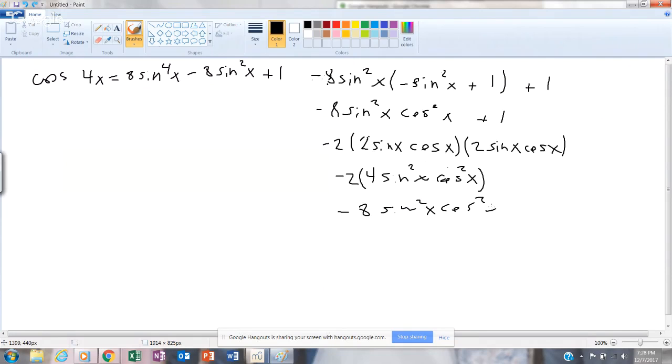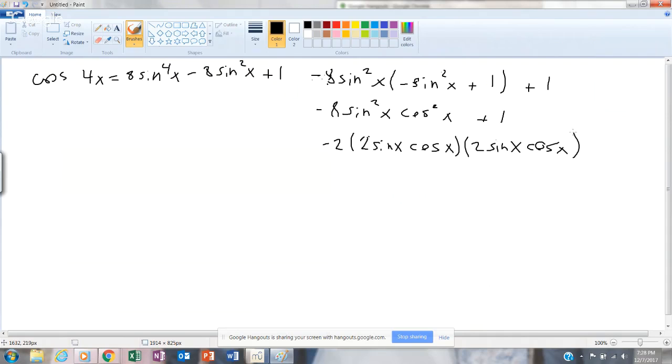Okay, so we're going to write negative 2 times 2 sine of x cosine of x times 2 sine of x cosine of x. Now we know that an identity: 2 sine of x cosine of x is equal to sine of 2x.